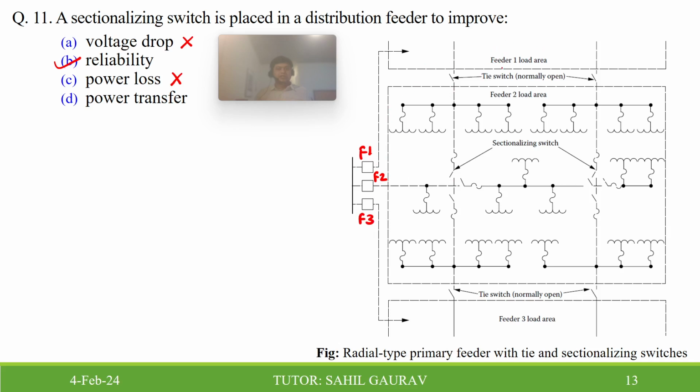Here we can see the feeder 1 load area connected to feeder 1, the second is the feeder 2 load area, and this one is the feeder 3 load area. Now here, primary feeder number 2 has been described in detail.